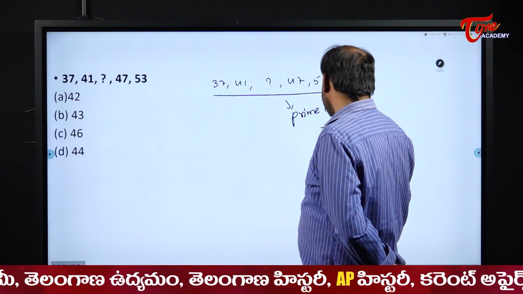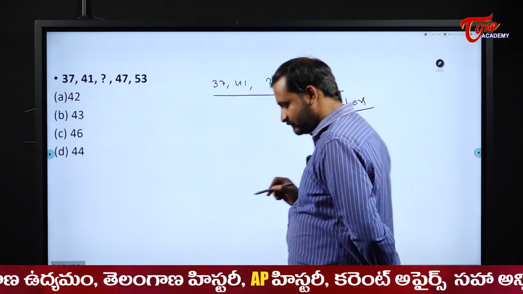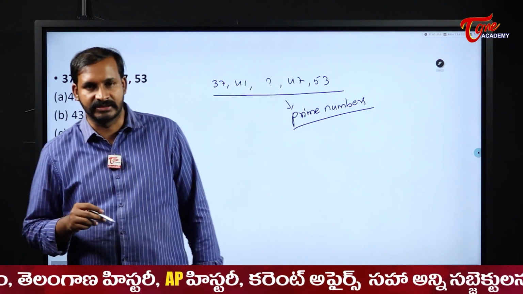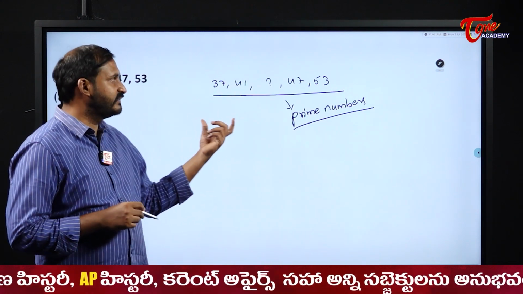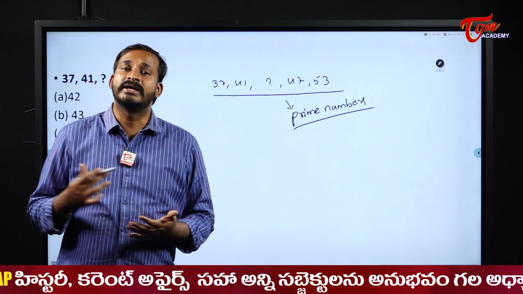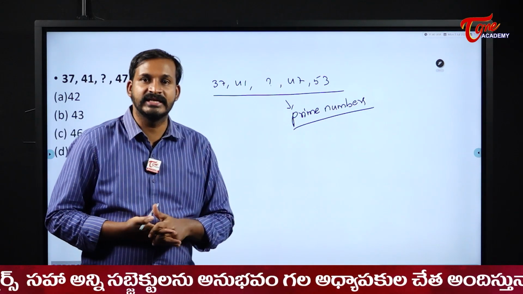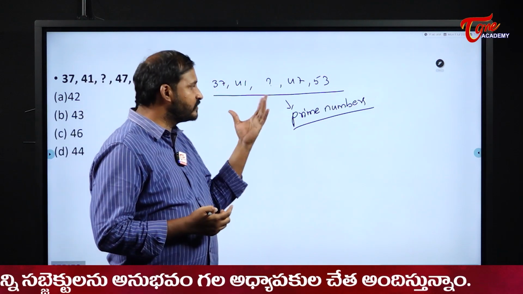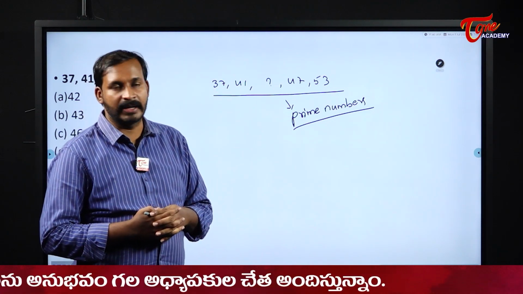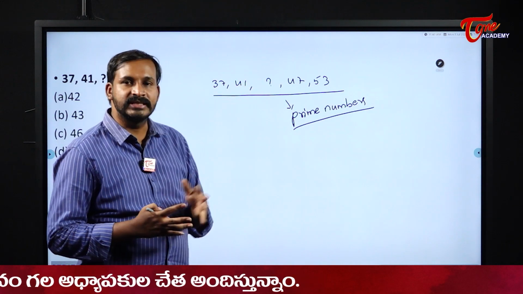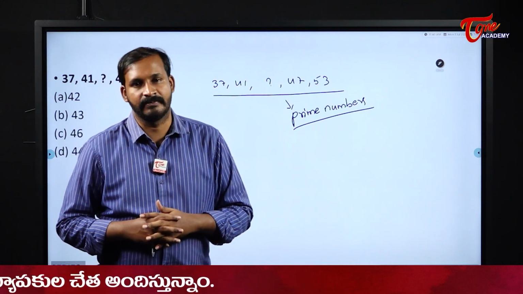We should keep prime numbers in mind. If the same thing was asked with small numbers, we might have observed it quickly. But the numbers are a little bit huge. That is the reason we didn't even think about prime numbers. But actually all these numbers are related to prime numbers.